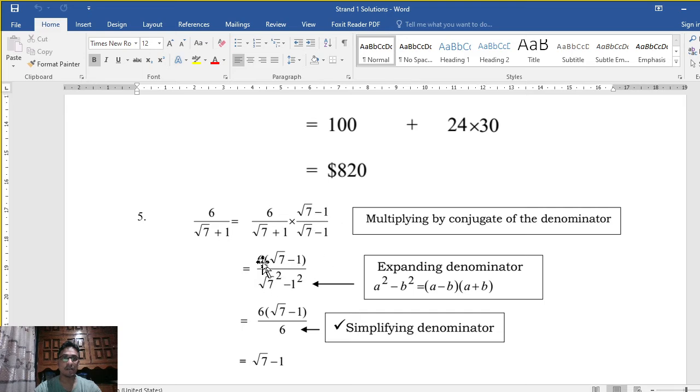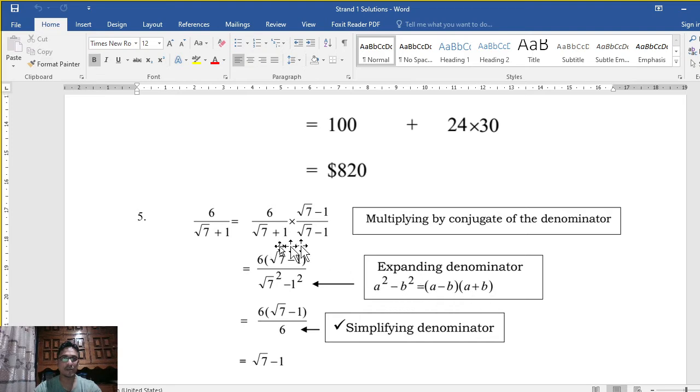So it's written here. 6 multiply by root 7 minus 1 in the bracket. Divide by. Now what is this if you multiply these two denominators? Root 7 plus 1 with root 7 minus 1. I hope you can recall this formula. Okay, a minus b times a plus b is equal to a square minus b square. I hope you can recall.